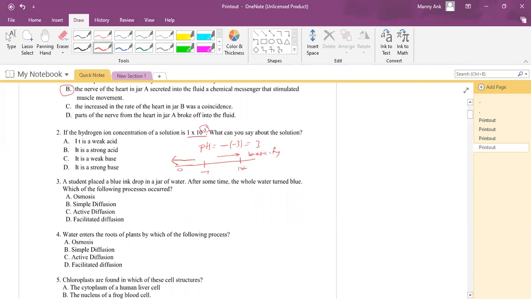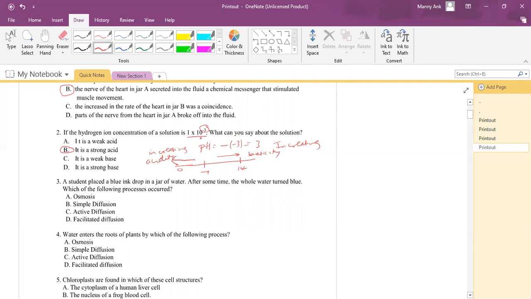So increasing basicity, whilst if you go towards the left, is increasing acidity. So here, because the pH is 3, it's a strong acid, close to 0. So it's B.